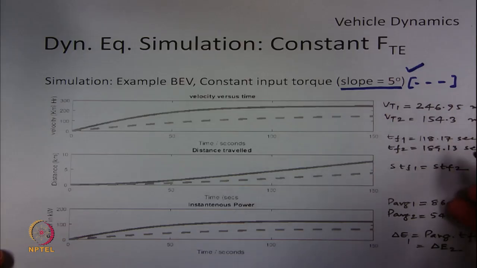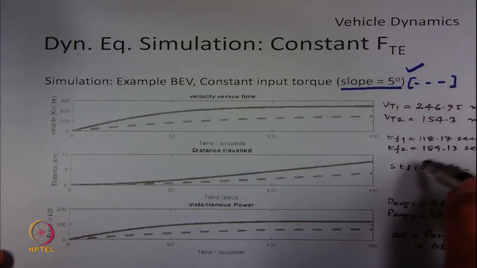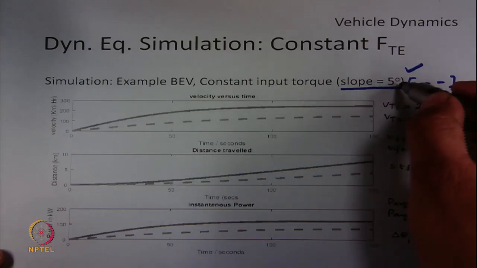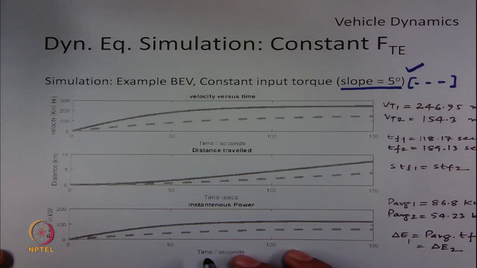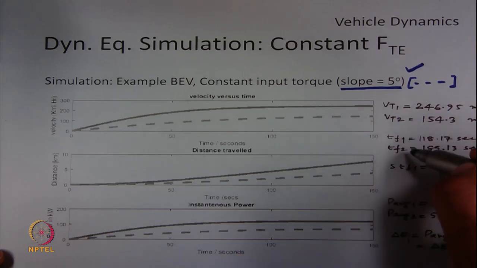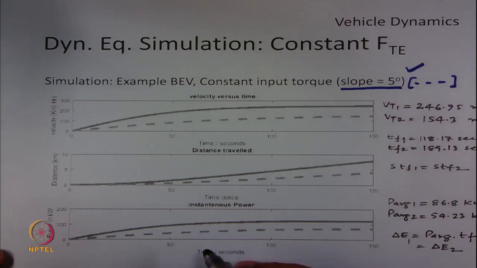The time to reach 98% of the terminal velocity will be 118 seconds for the first case and almost 190 seconds for the case where the slope is 5 degrees. The distance travelled in this time is the same, because distance is the product of velocity and time.